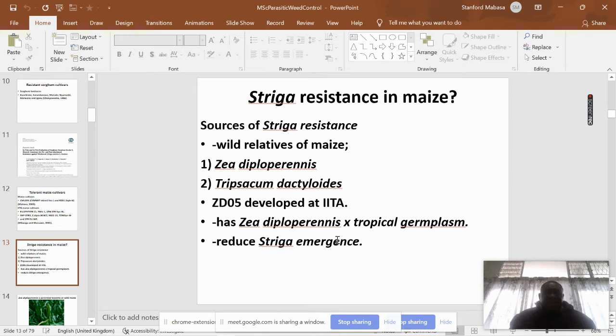So what happened is that at IITA, genes from Zea diploperennis were deployed to tropical maize germplasm through breeding.